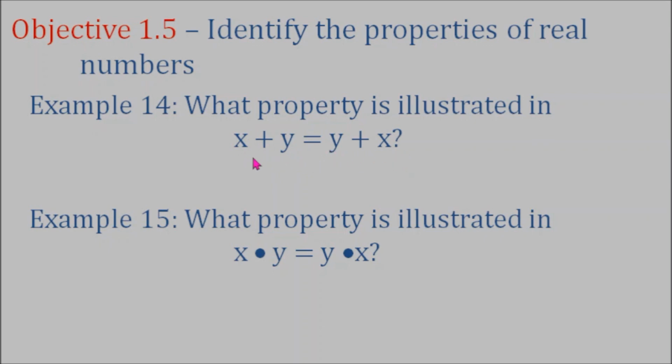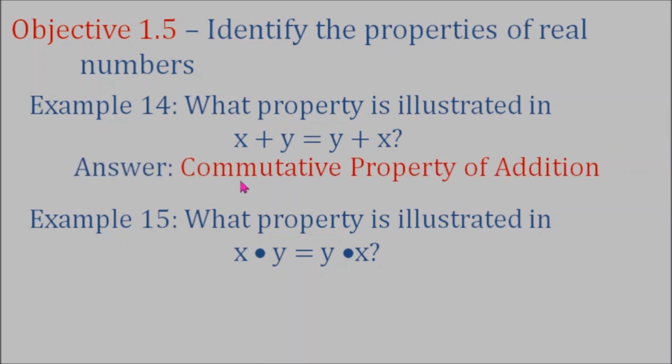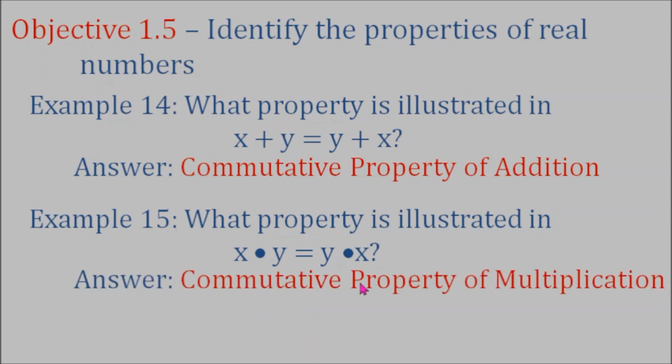So this property is called commutative property of addition. How about example number 15? What property is illustrated in x times y equals y times x? Notice here that we are multiplying 2 letters, x and y. We only change the order. So this illustrates commutative property of multiplication.